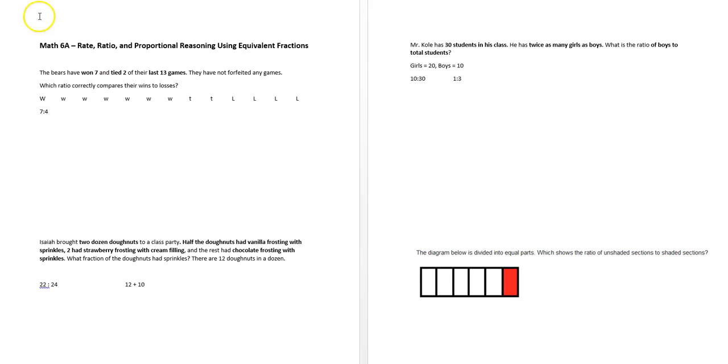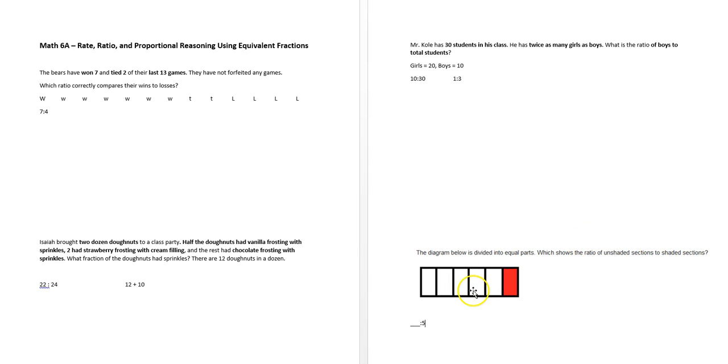I can't bold that because it's an image there. So the unshaded sections, 1, 2, 3, 4, 5. So I'm going to put the 5 here.